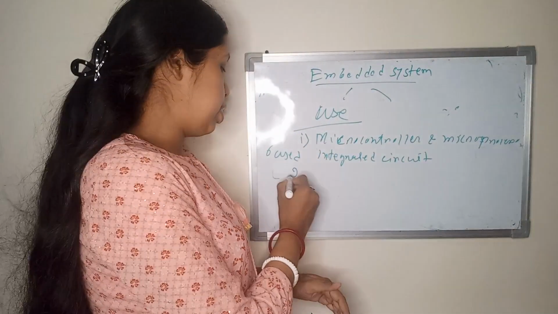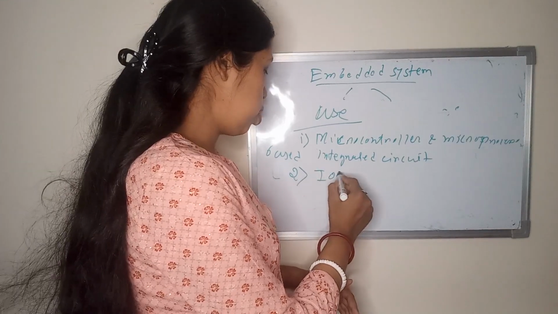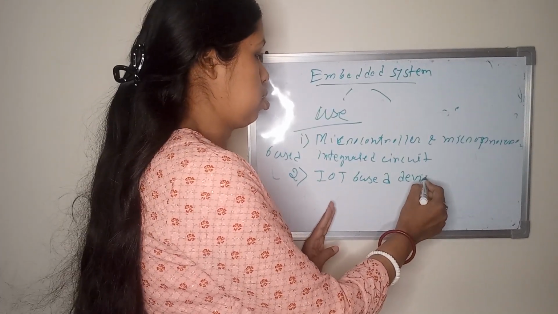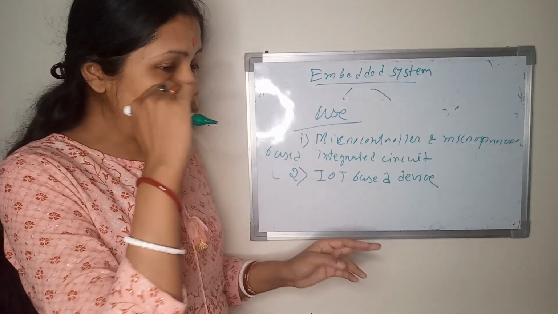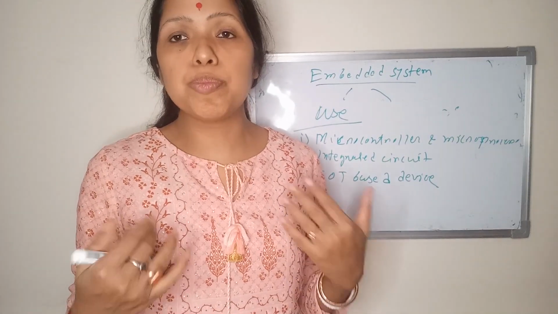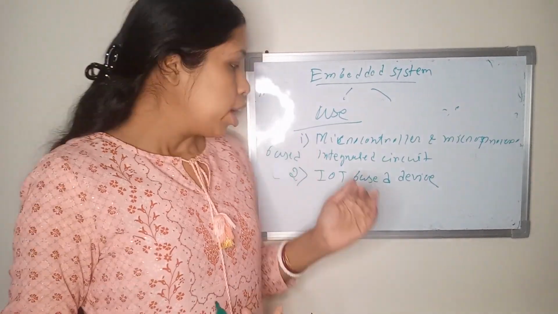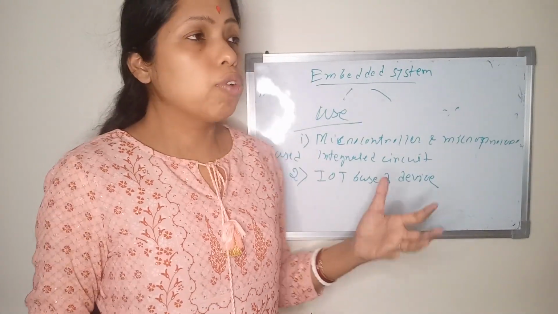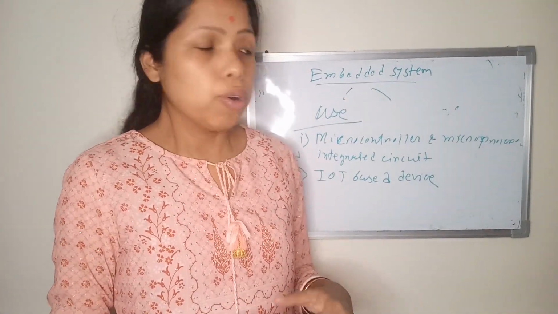Okay. Second is the IoT-based device. IoT means a network of objects which can connect multiple devices, right? So for designing an IoT-based device also you need embedded system support.